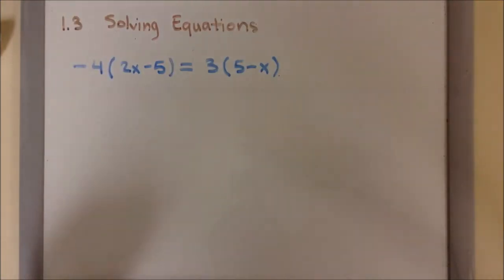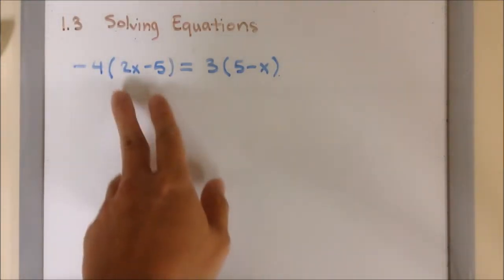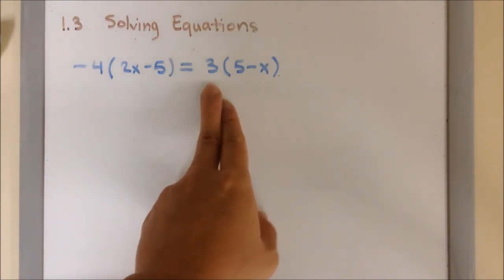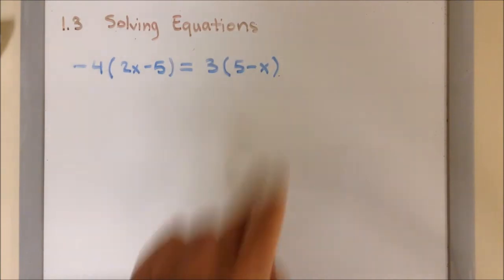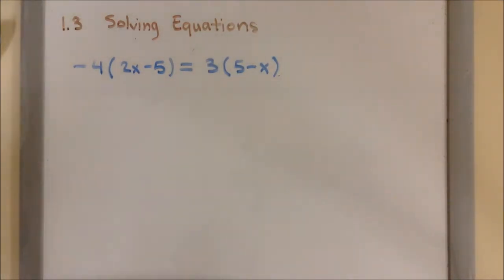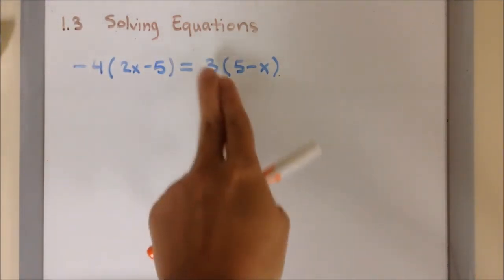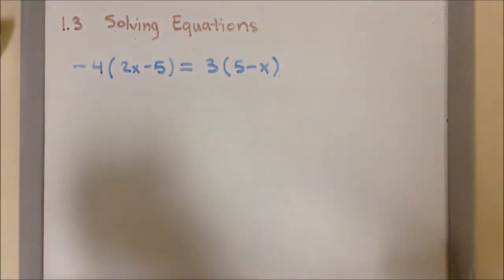In this example, we have negative 4 times the difference between 2x minus 5 equal to 3 times the difference between 5 minus x. Just like in the previous example, in order to simplify both sides, I need to distribute the negative 4 on the left and the positive 3 on the right.